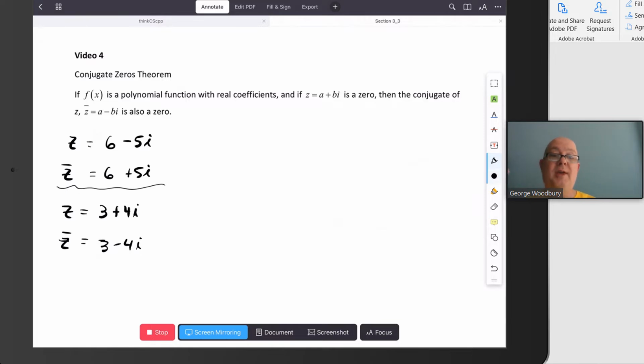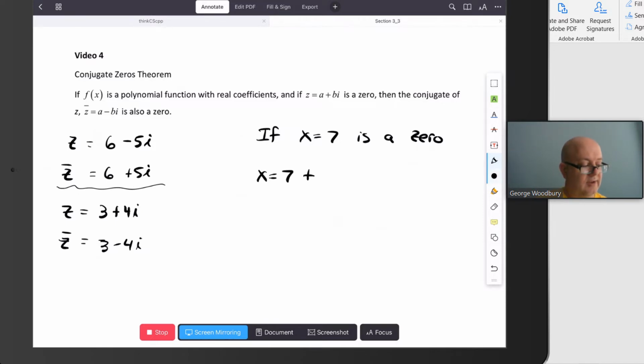Now, we've been finding real roots in algebra for a long time, and this theorem doesn't contradict what we've been doing so far. If x equals 7 is a zero, is its conjugate a zero? Well, x equals 7 can be written as 7 plus 0i.